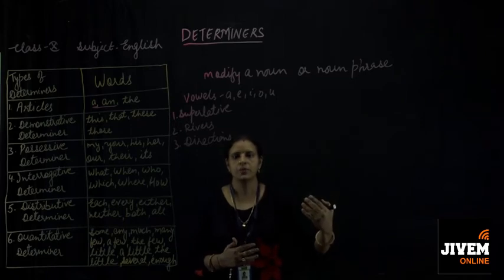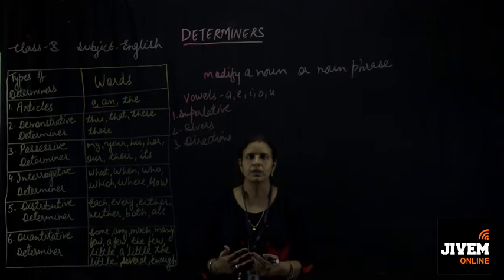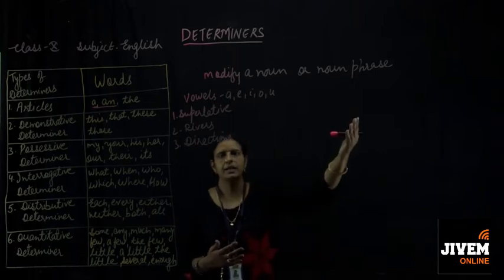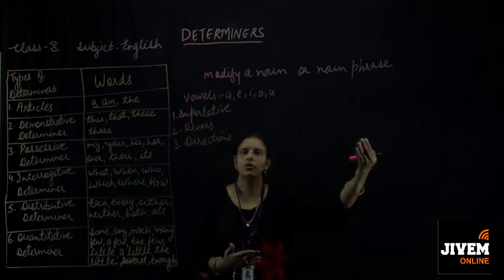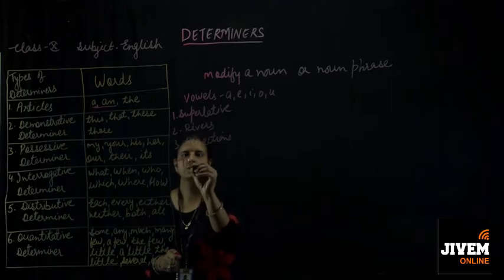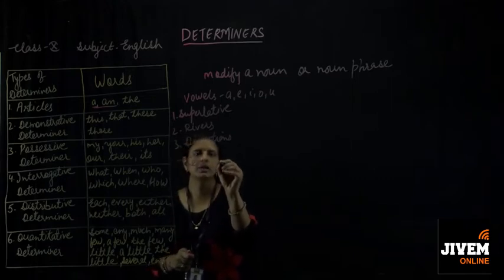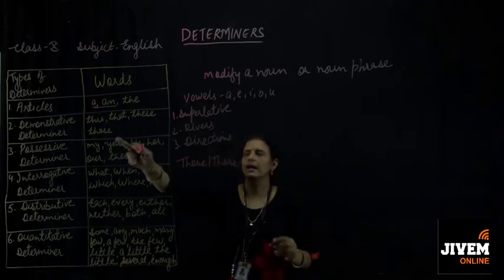Suppose I say this is a girl, it means the girl is near to me. And if I say that boy is standing, it means the boy is singular but he is standing far away from me. These and those are used with the plural noun.